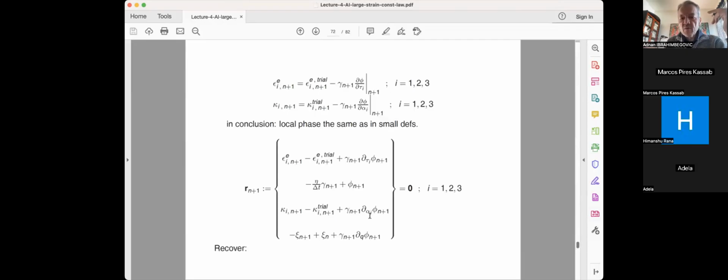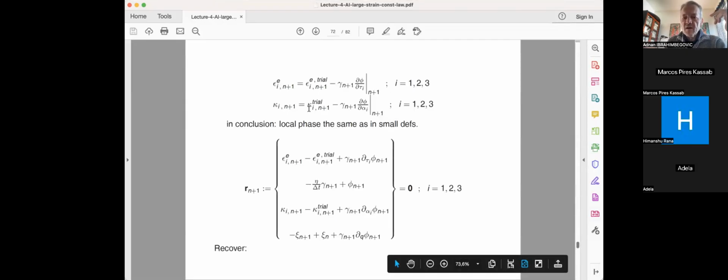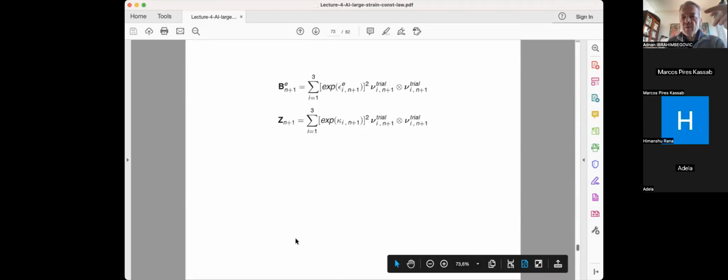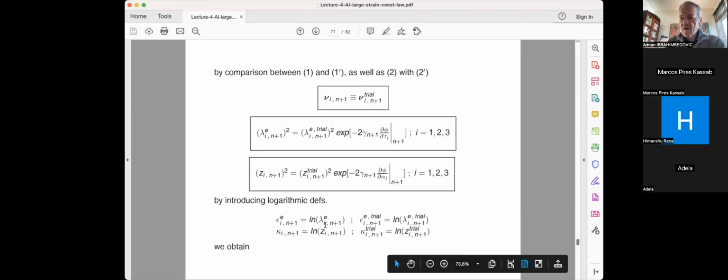And then once you have computed these final values of epsilon, kappa and xi, basically you go back, and given that this was a natural logarithm, the lambda that you need is the exponential of that.